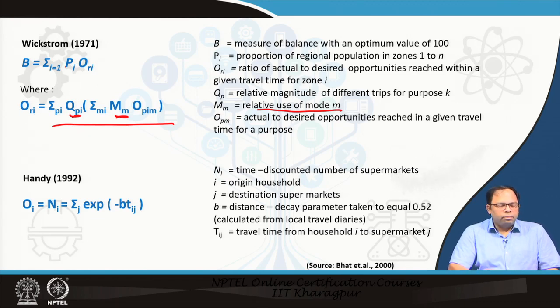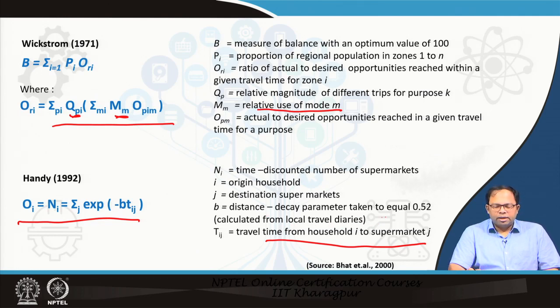So this is one form, and then this is Handy's form, which we explained in the last lecture, where we take an exponential of minus b Tij, where Tij is the travel time from household i to supermarket j, and b is a distance decay parameter equal to 0.52, calculated from local travel diaries, and this is based on survey values.